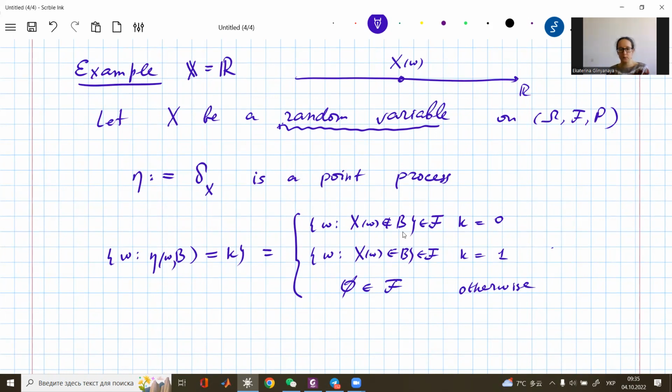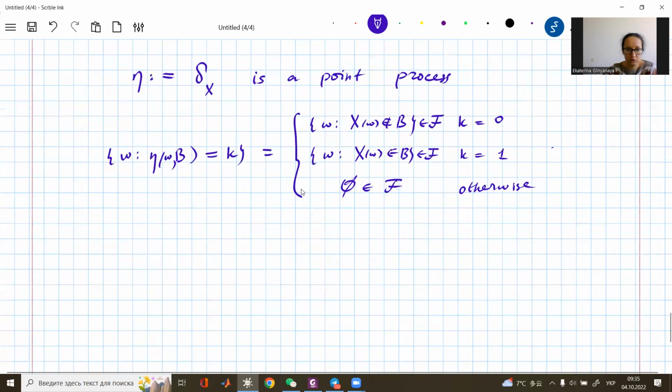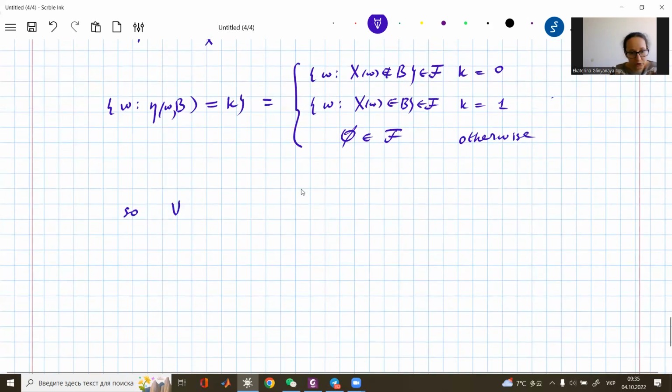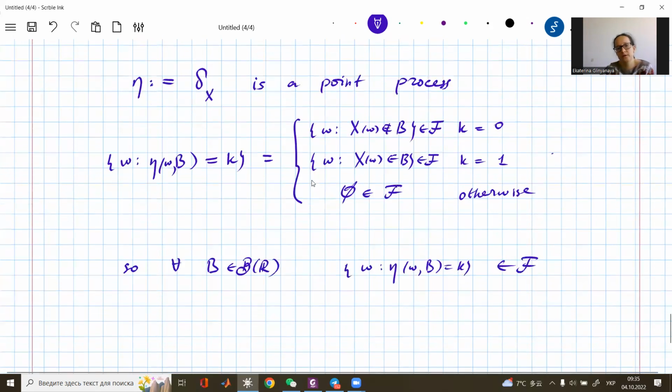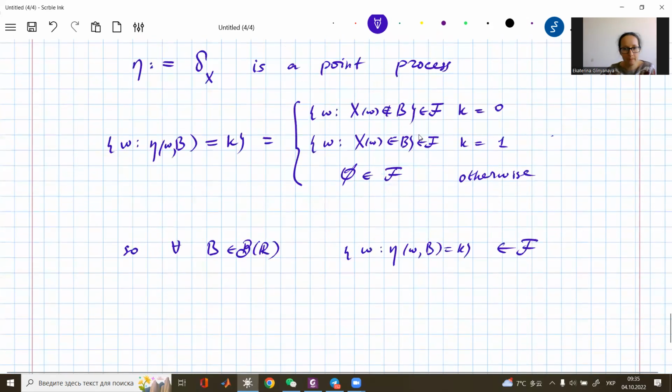So we have this property. Indeed, for each subset B, the set where eta of B is equal to k belongs to F. So the mapping is measurable, and indeed we will have a point process.